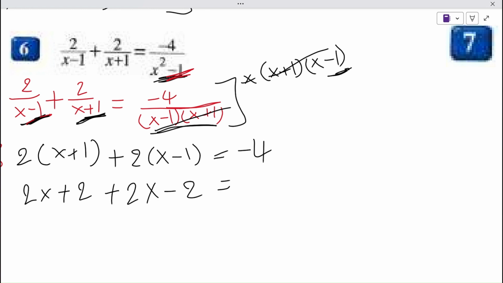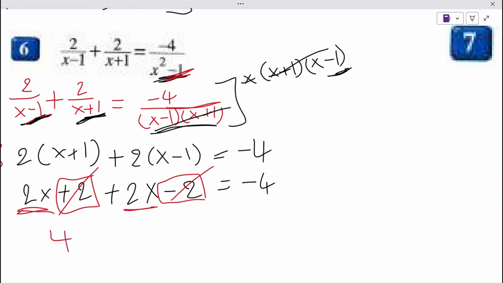Here we have minus 2 and plus 2. This has become 0. 2x plus 2x has become 4x is equal to minus 4. Dividing both sides by 4, this has become x is equal to minus 1. X is just equal to minus 1. So look at the denominator.